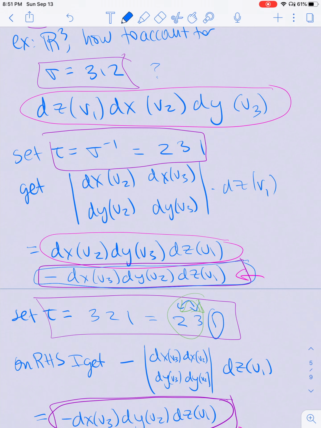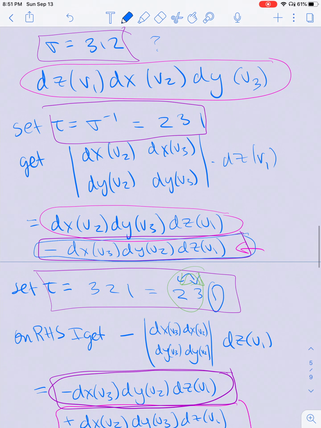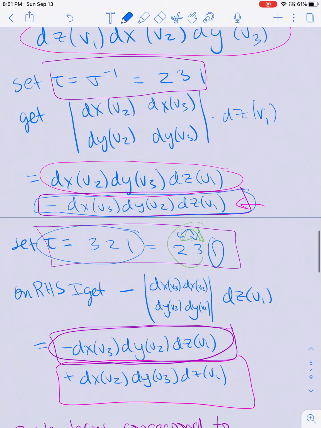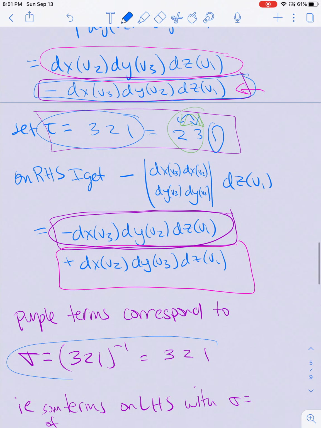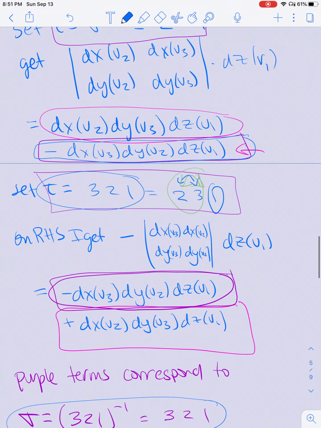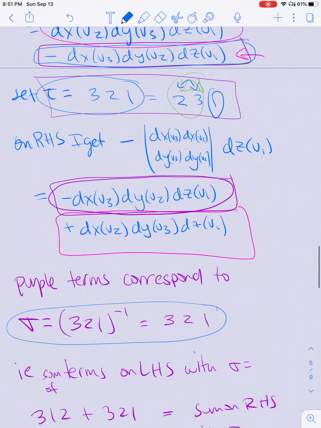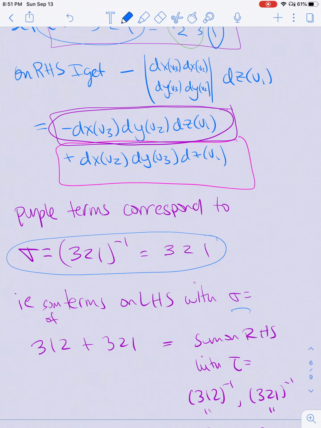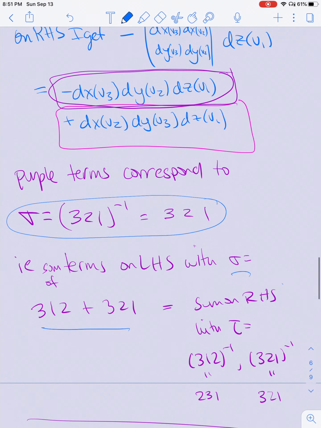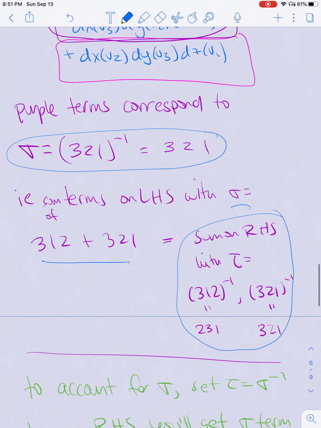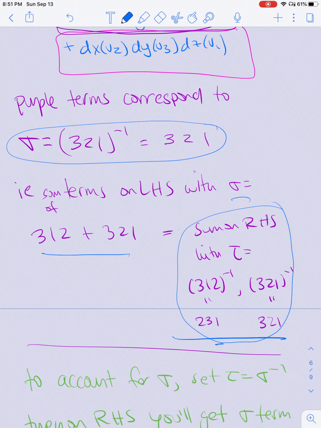Then set tau to be the second term, and sigma prime, another sigma, to be the inverse of this new tau, and you'll get exactly that the sum of the terms with these sigmas is equal to the sum on the right-hand side divided by k factorial L factorial.